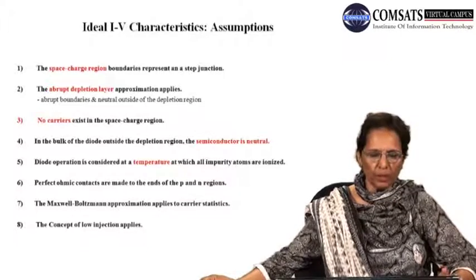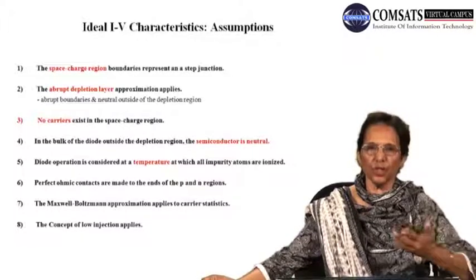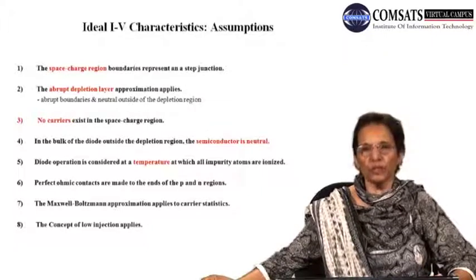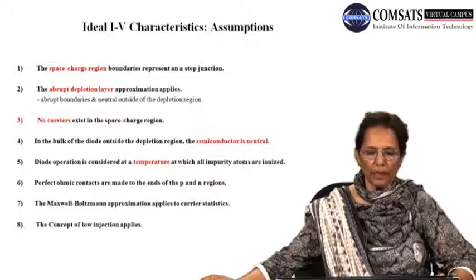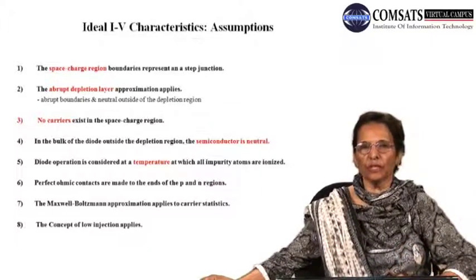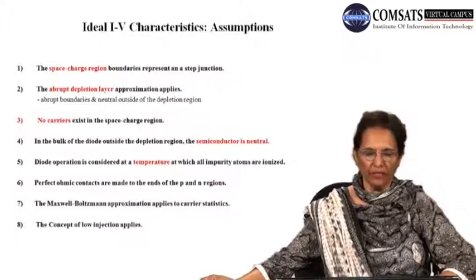Hence, point number 2 emphasizes that the junction is characterized, which is our main assumption, as a step junction in which, in the depletion region, there is an abrupt change from acceptor ions on the p side to the donor layer on the n side.